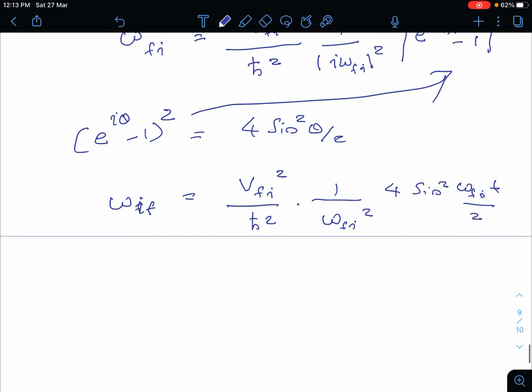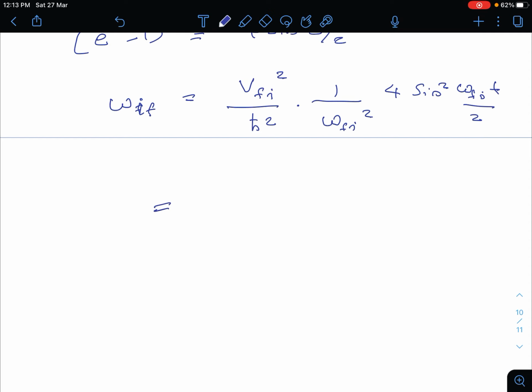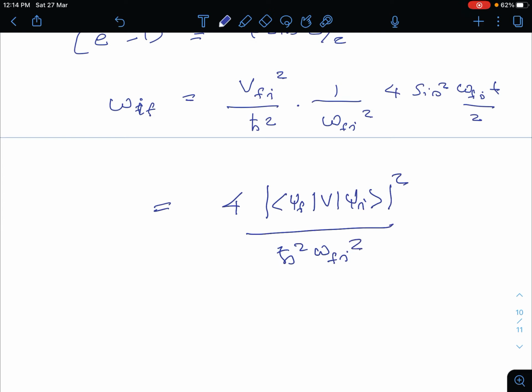Elaborating the V fi, that is simply mod of bra psi f V ket psi i square divided by h cross square omega fi square, sine square omega fi t by 2. So that is the transition probability for a constant perturbation.